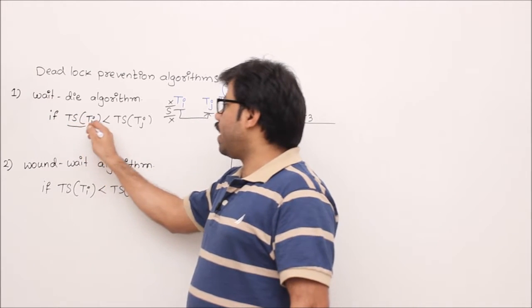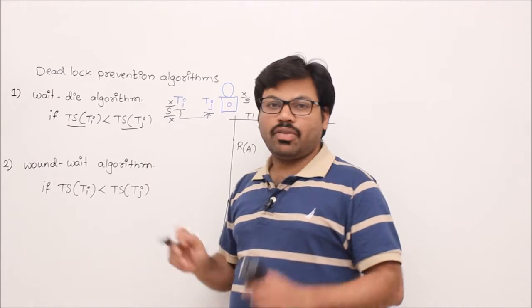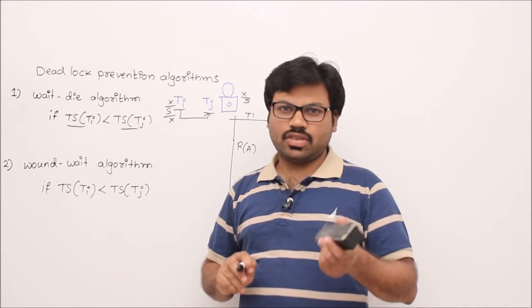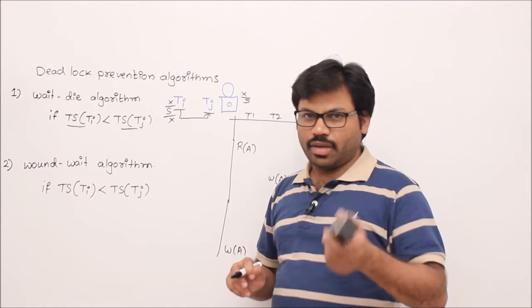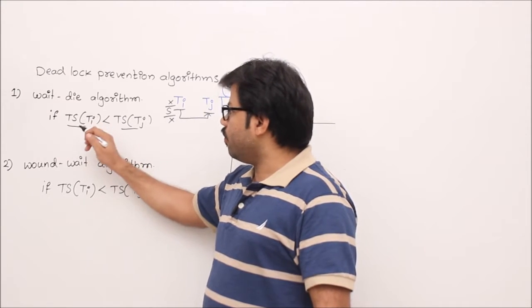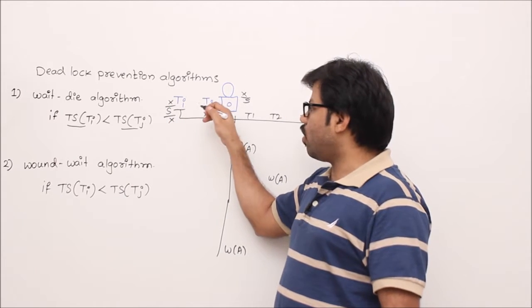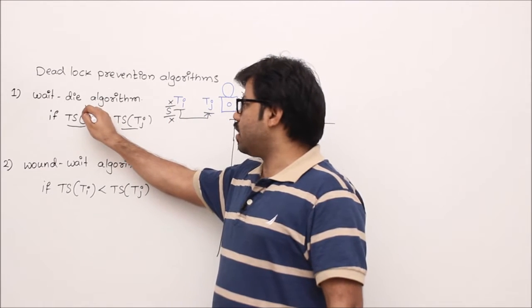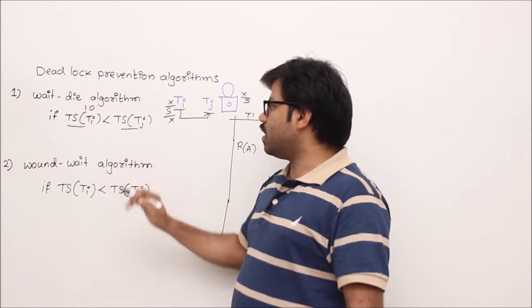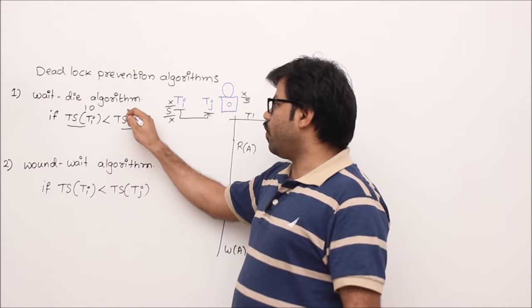First of all, we compare the timestamp of Ti and the timestamp of Tj. That's why these deadlock prevention algorithms use timestamps. We know the concept of timestamp, right? Let's use it. For example, the timestamp of Ti, which is asking for a lock, is, let's say, 10, and let's say this condition is satisfied, then the timestamp of Tj should be something around 20.